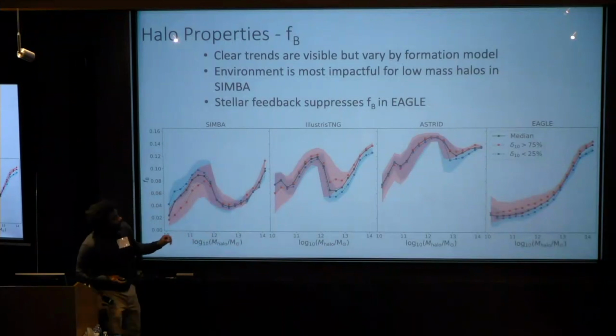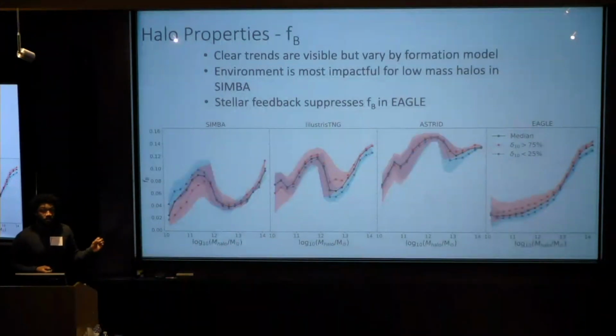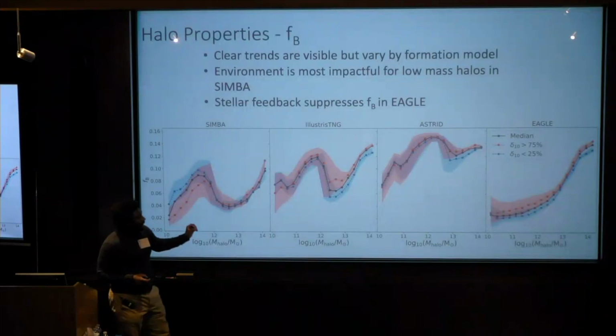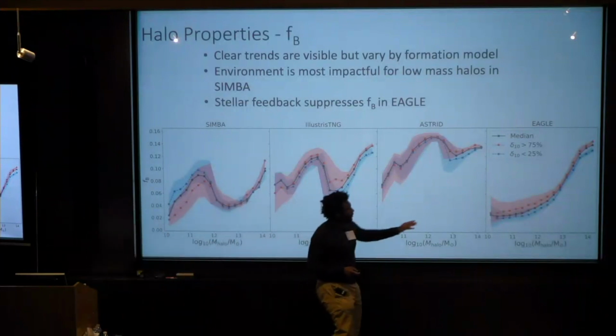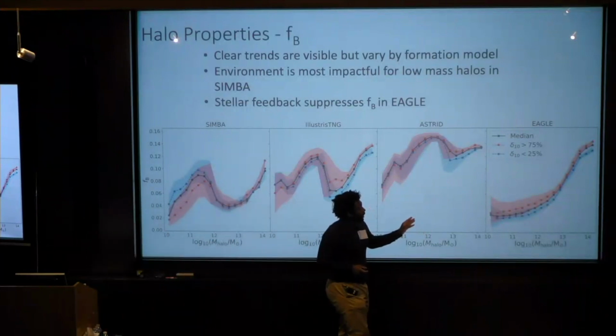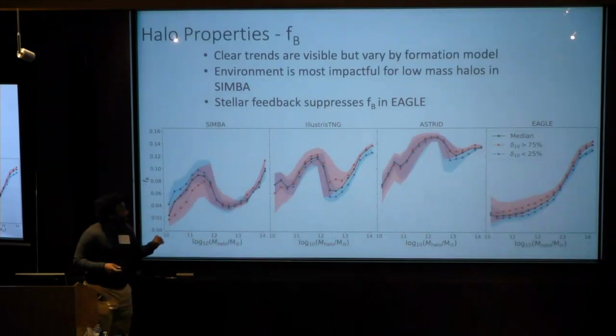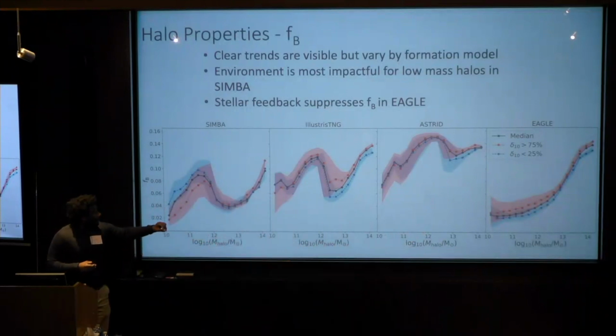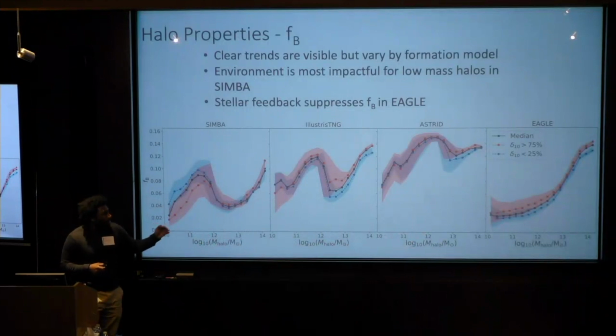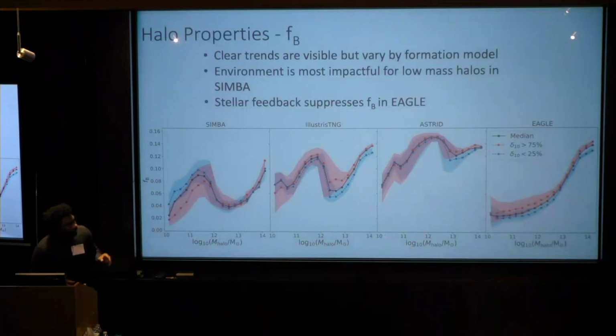However, in Eagle, stellar feedback is so powerful that it suppresses even that. As the halo gets more massive, the potential wells are still not powerful enough to overcome the stellar feedback. Baryon fraction remains fairly low. It's a pretty flat, slight increase until you get to about Milky Way size.